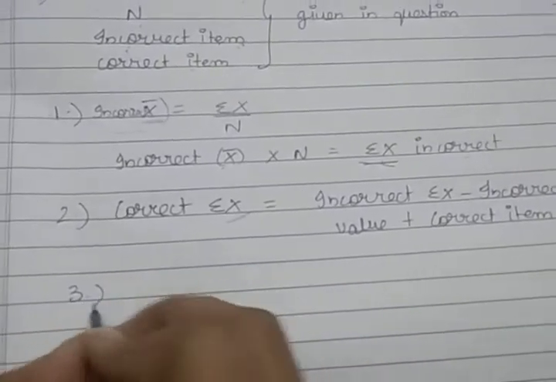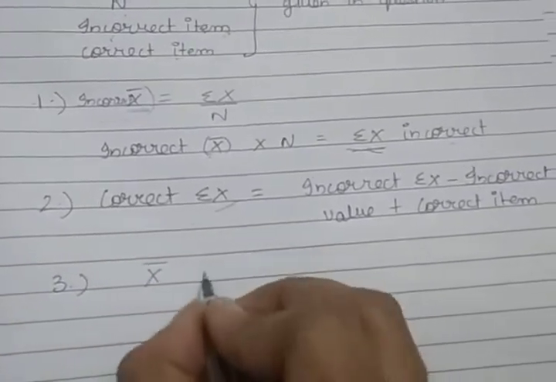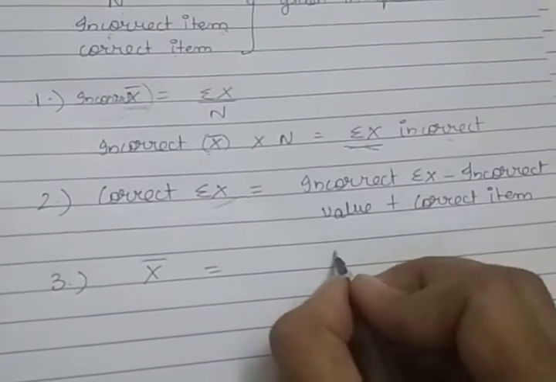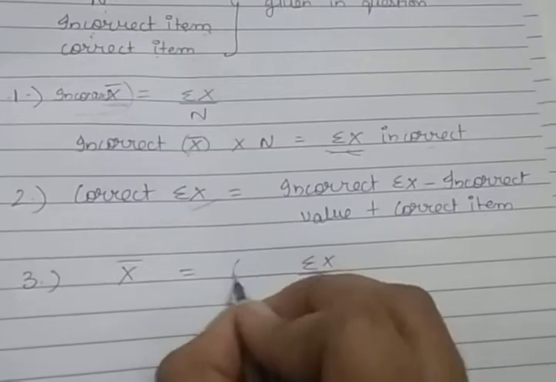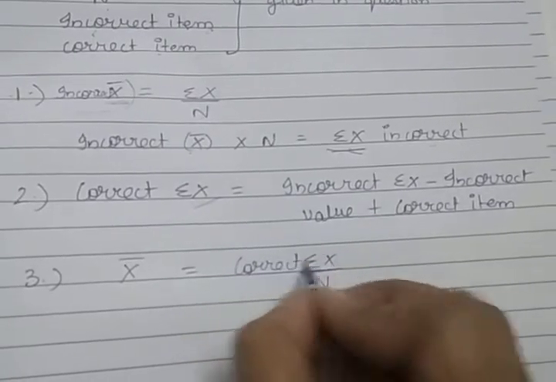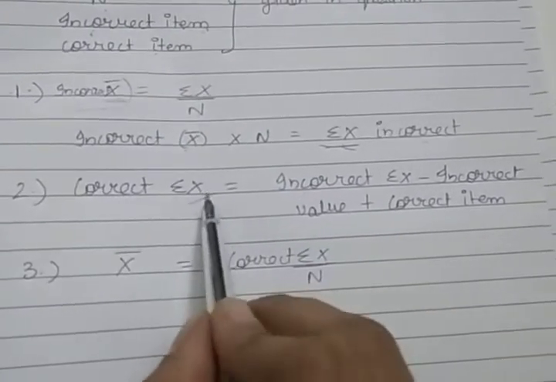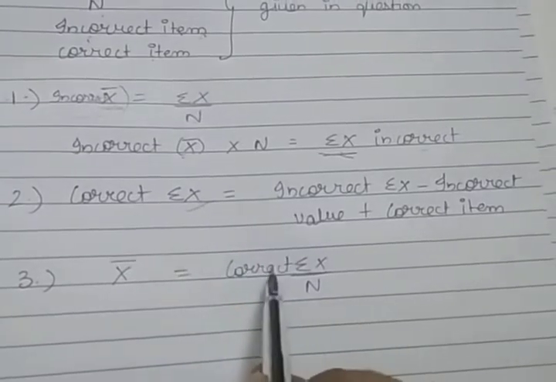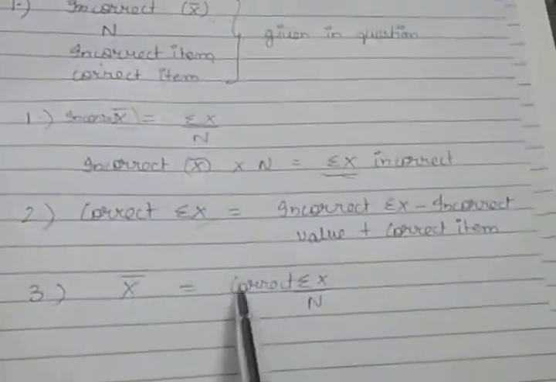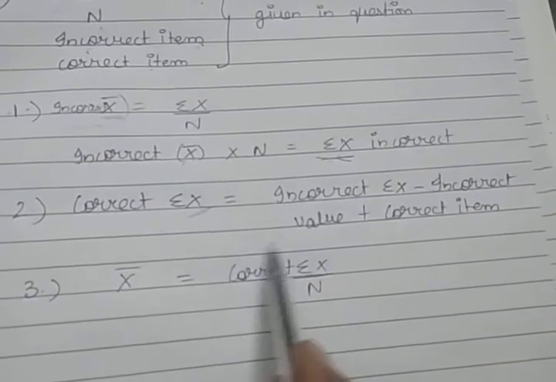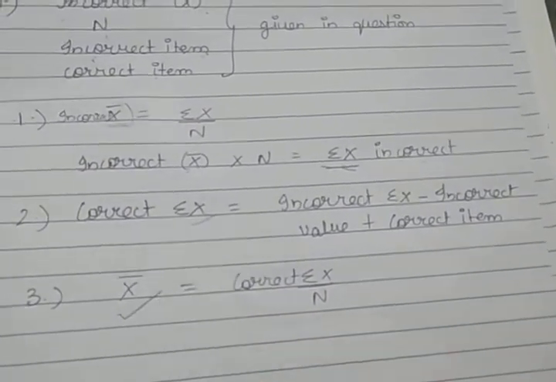Now your third step is to calculate the mean. Our formula is summation x upon n, but here we keep the value of correct summation x. Whatever answer comes from here, that same answer you have to put over here, and the number of items is already given in the question. After solving this, you will get the correct mean.